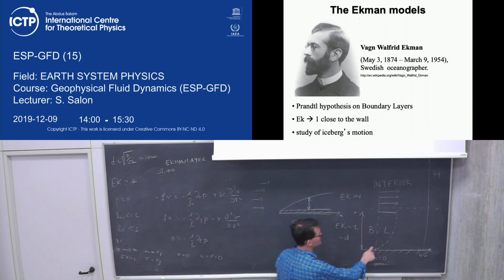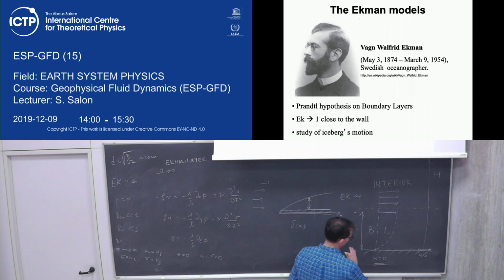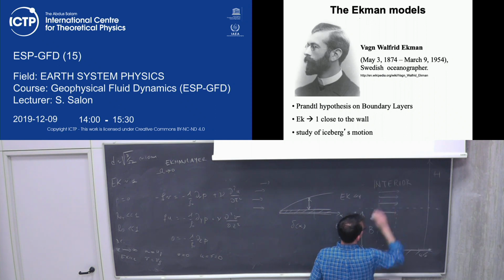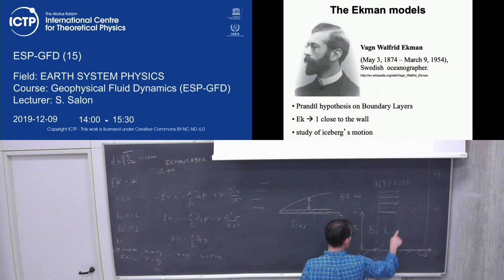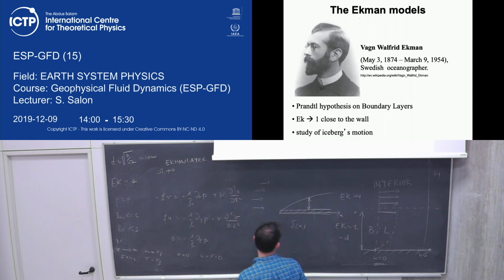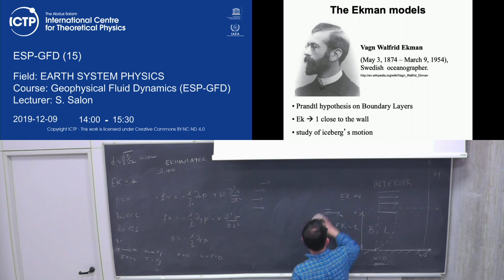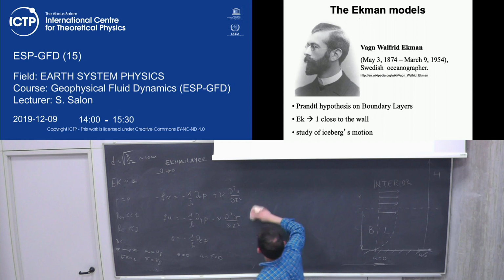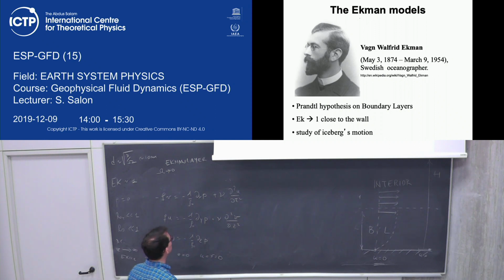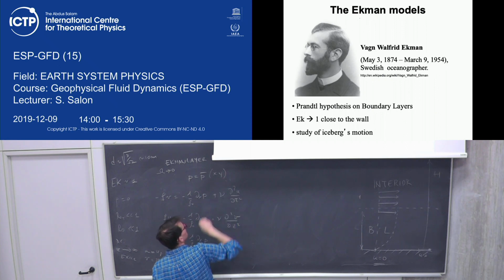Now we are starting to study the bottom Ekman layer. So we have a bottom here, we have an interior which is geostrophic, and we want to see what happens to the equation, to the velocity in the boundary layer. One more approximation is to consider P as constant, so P is just a function of x and y.